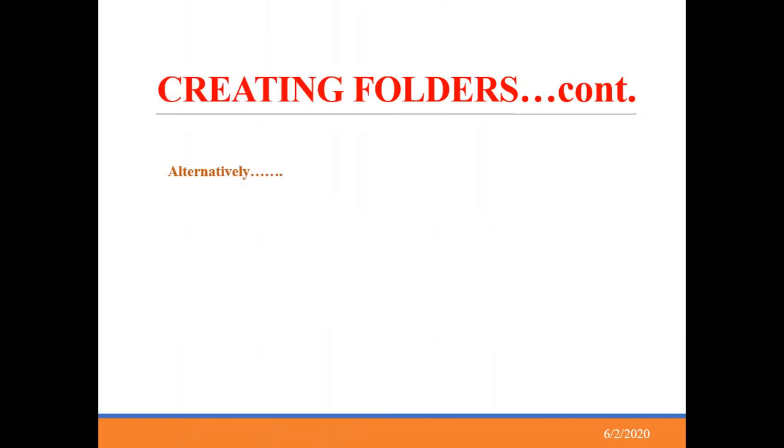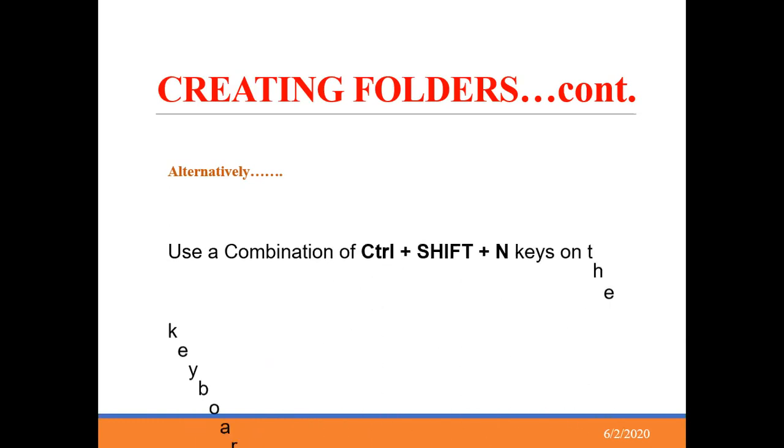Okay, so the alternative way of creating a folder without using the mouse is to use a combination of the Control key, the Shift key, and the N key. So here again, where you want the folder to be, you have to just activate that section.